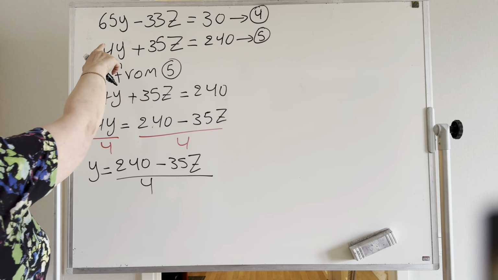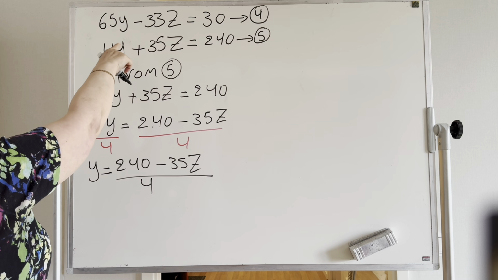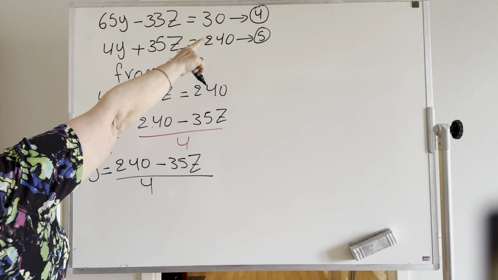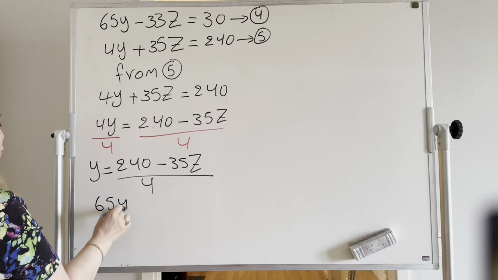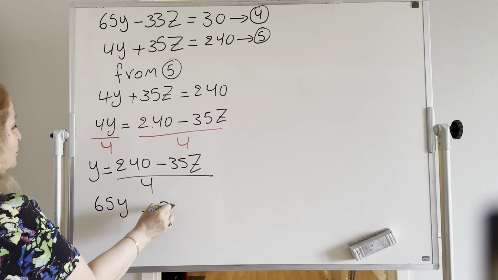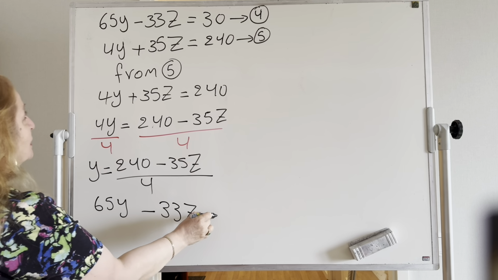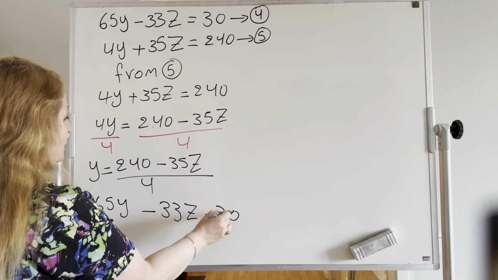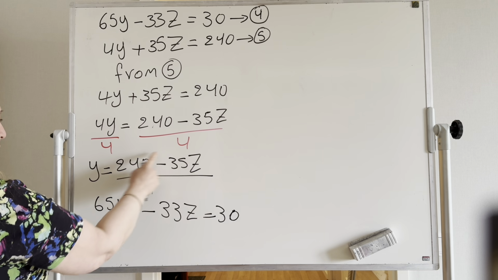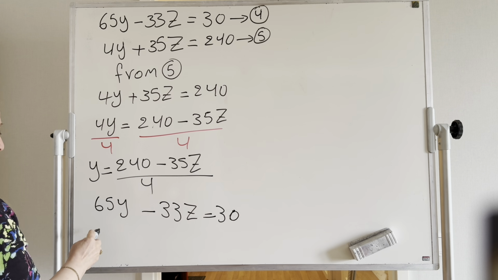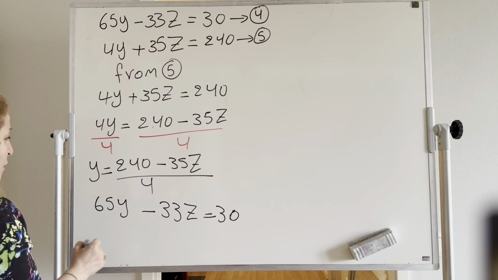So I will substitute into equation 4. Equation 4, 65y minus 33z equal 30, and instead of y I will write all this to get the value of z.